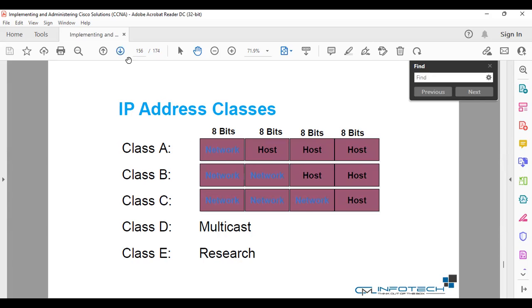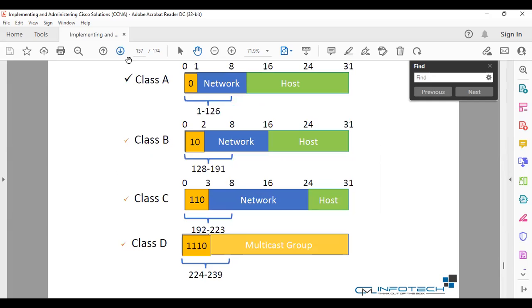I'll let you know the difference between them. Here, in class A, there are certain values, 0, 10, 110, 1110. These are reserved numbers, which I said at the very beginning, which is the prefix number.